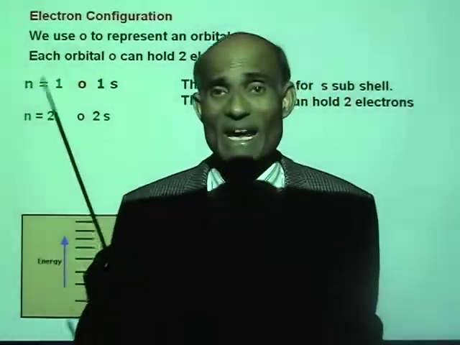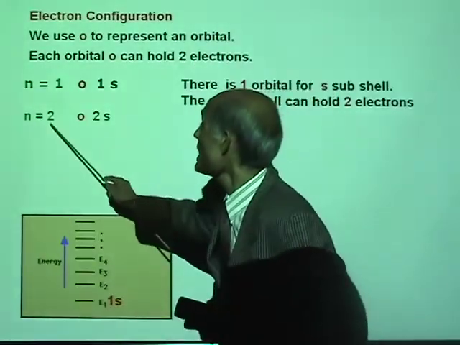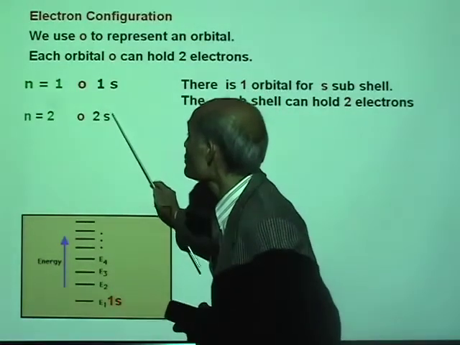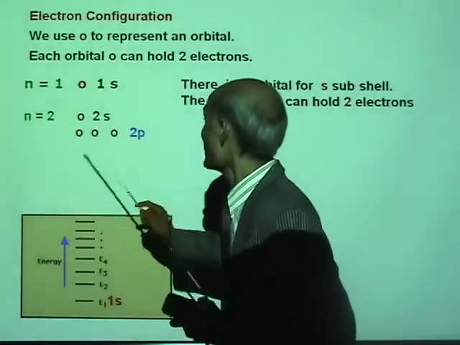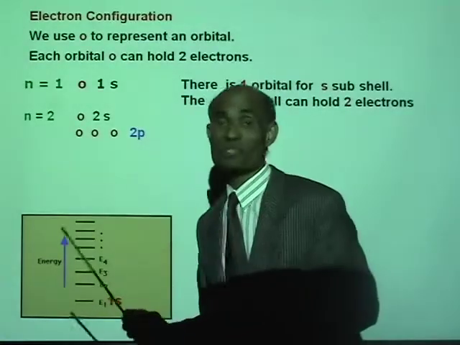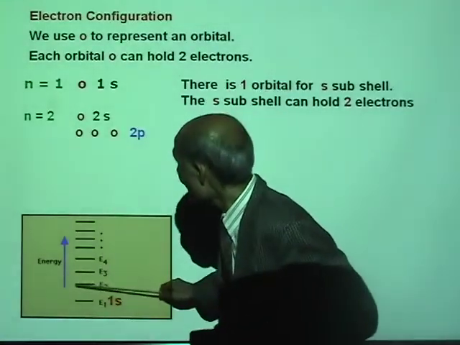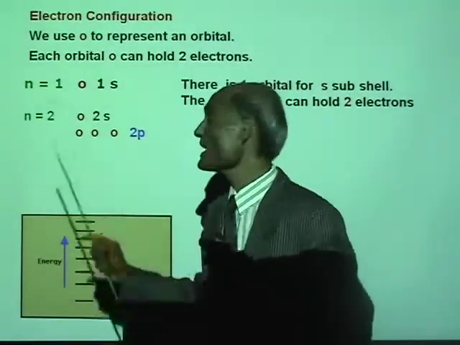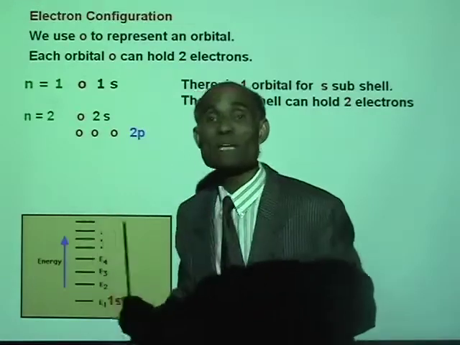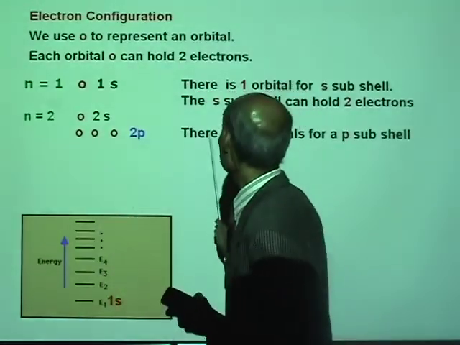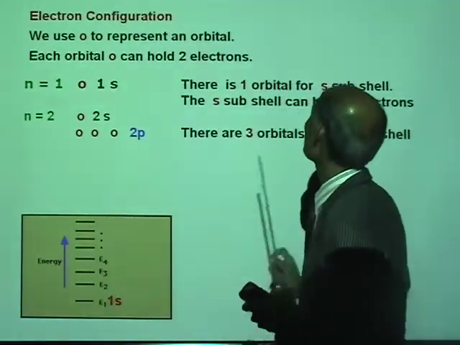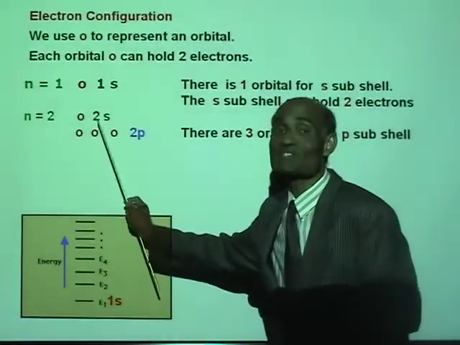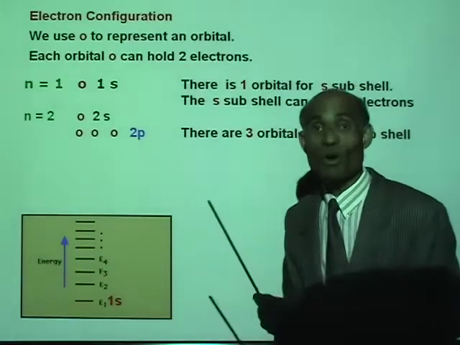Let's now talk about n equal to 2. N equal to 2 has the S subshell, and also the P subshell. So the energy level n equal to 2 can have two subshells. What are they? S and P. Now, there are 3 orbitals for the P subshell. Now, how many orbitals for the S subshell? 1 orbital.